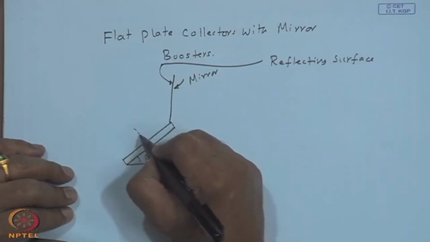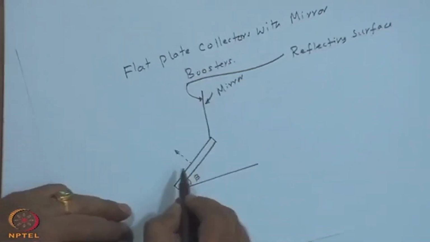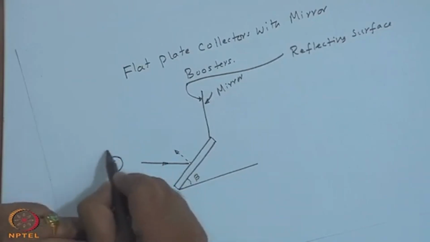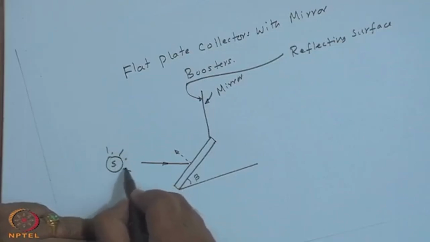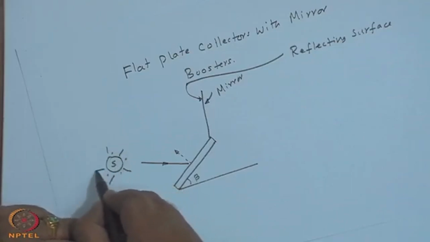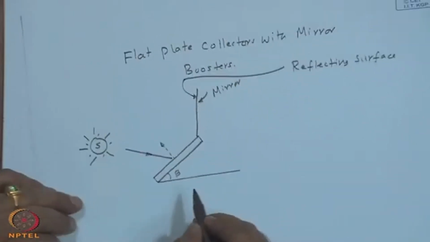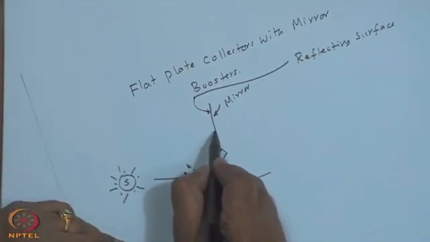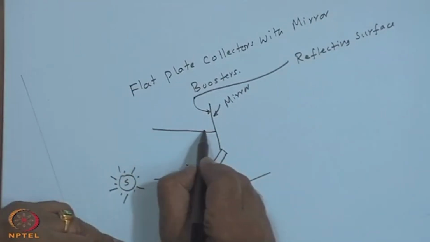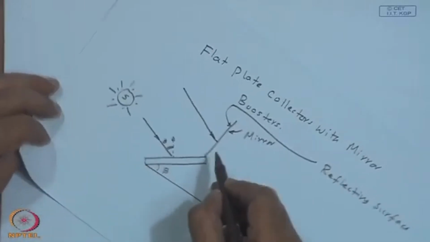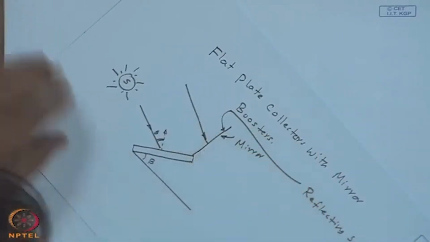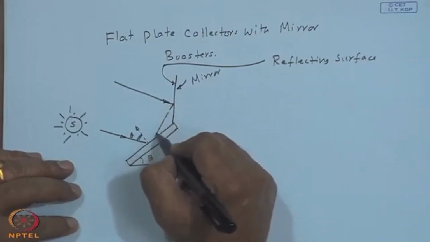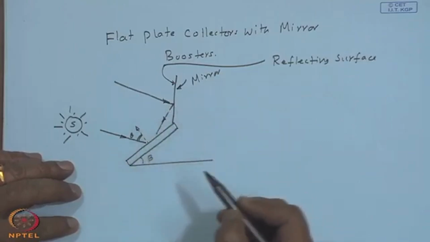If this is the outer normal, let us say that this is the sun's ray, here is the sun. So, this is my angle of incidence. The same ray, parallel, falls on the reflector, and this may be, incidentally, coinciding with the normal, but this will be reflected onto this.